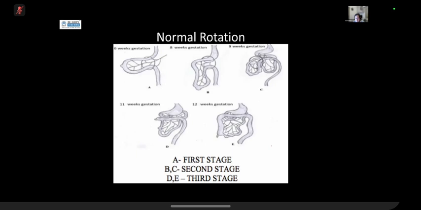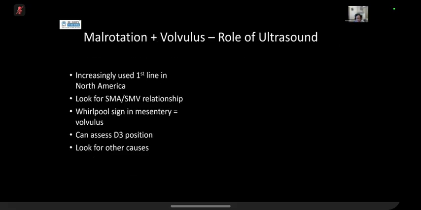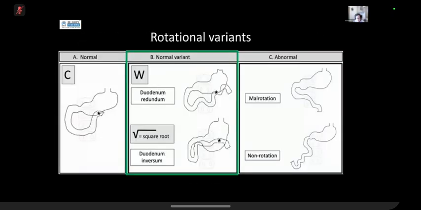Do non-rotation and malrotation look the same on the upper GI study? It's a good question, but I don't think they should. I never thought about that. To be fair, I've never been asked that question.